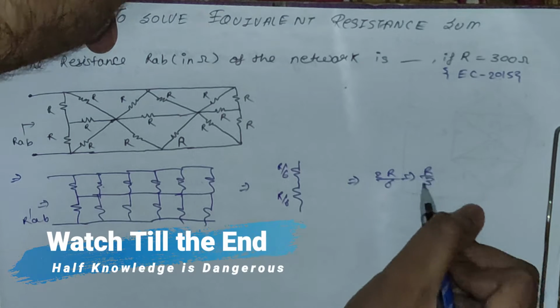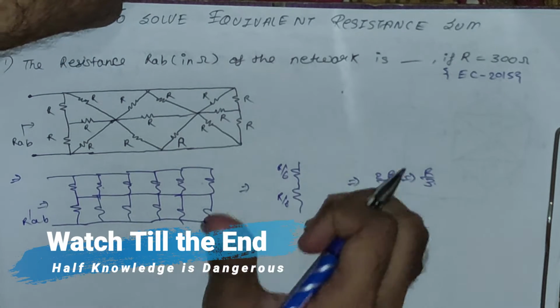So the answer is R by 3. Interesting, right? So let's see this trick in detail.